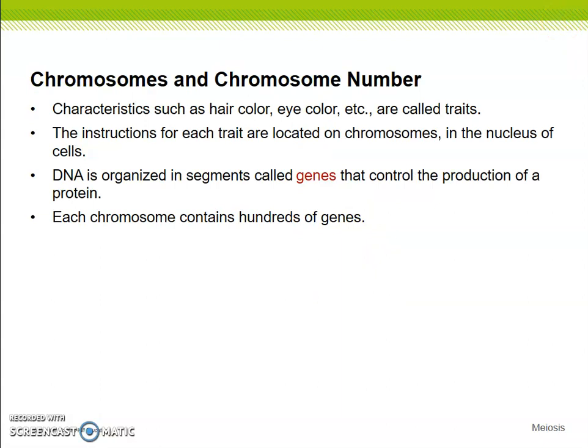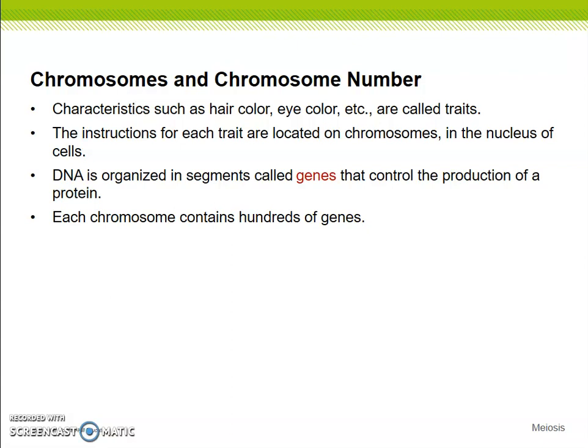Chromosomes and chromosome number. Characteristics such as hair color, eye color, the ability to roll your tongue, whether you have a hitchhiker's thumb, those are all called traits. The instructions for each trait are located on chromosomes, which are located in the nucleus of cells.